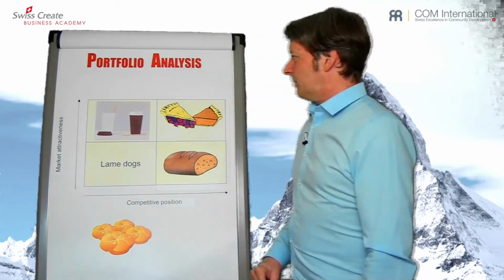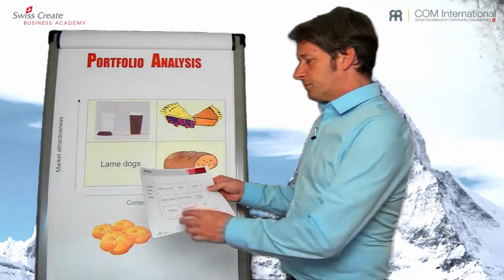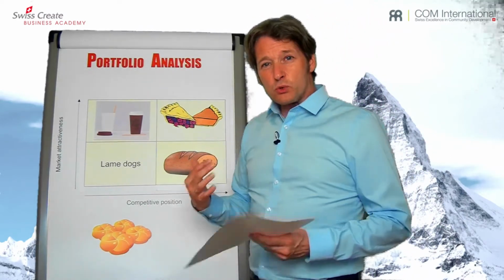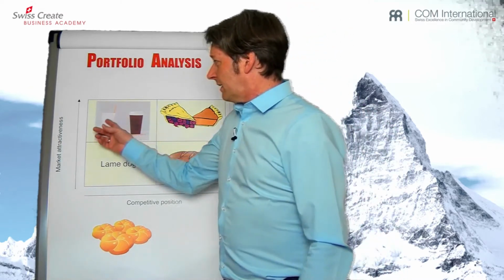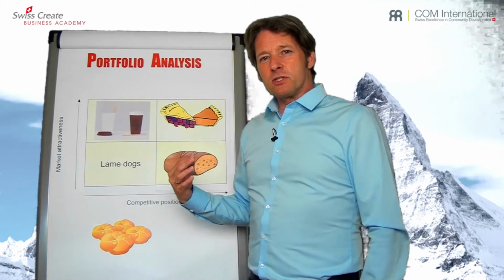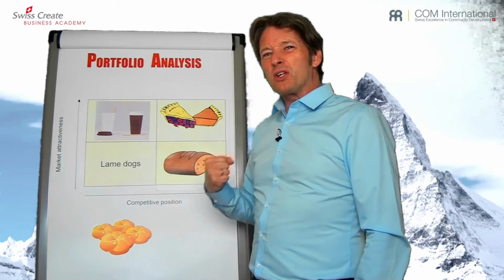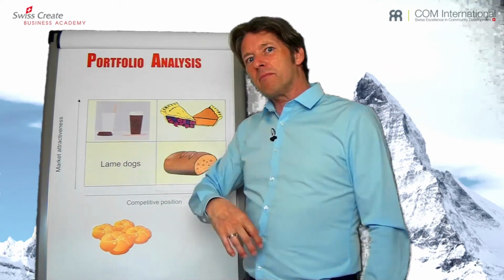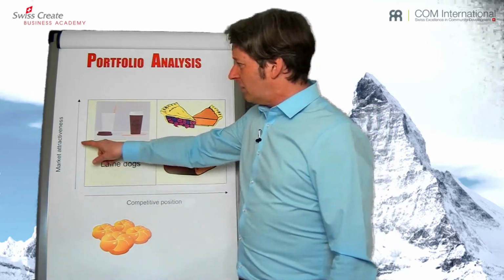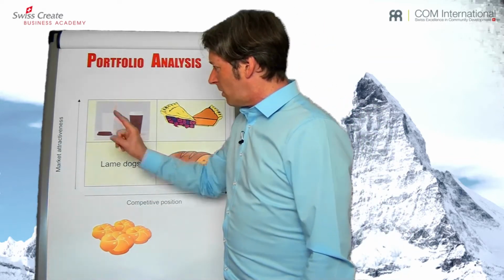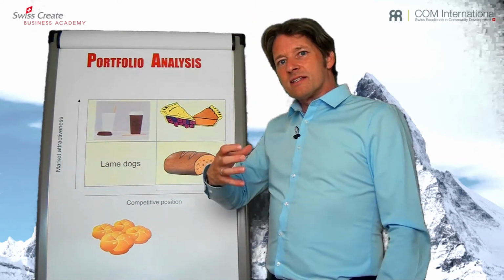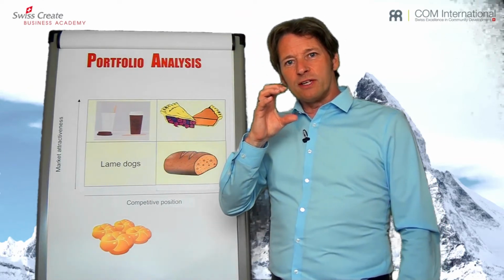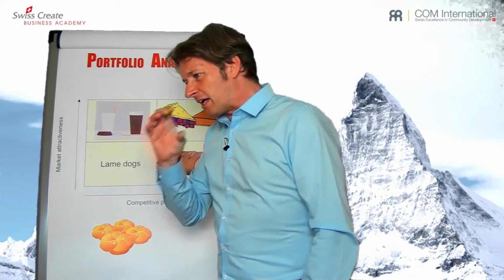Then let's have a look here at the coffee to go. Attack or give up is one of the alternative strategies. As I have made some investments in the coffee machine, I want to attack it. I am sure if I attack, I will make more turnover. And I know the market is interesting. There will be more and more people taking takeaway coffee to go, a cup of coffee in the morning or in the lunch break.